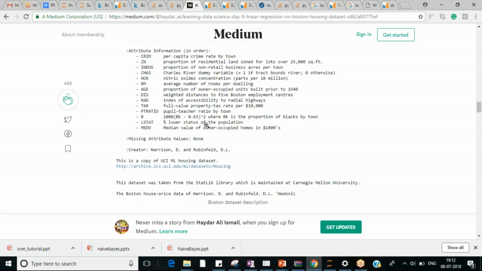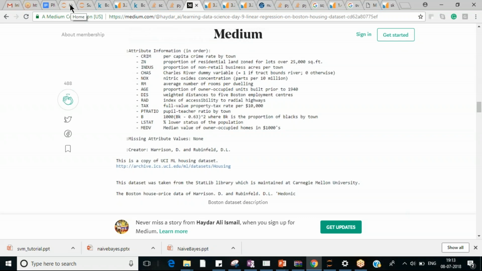Let's say if 30% of the people are lower status in that neighborhood, then of course that neighborhood is not very posh, and that's why the prices of the houses will be low. Or if the percentage of lower status of the population is less, then it means the neighborhood is very posh. So does this answer your question?